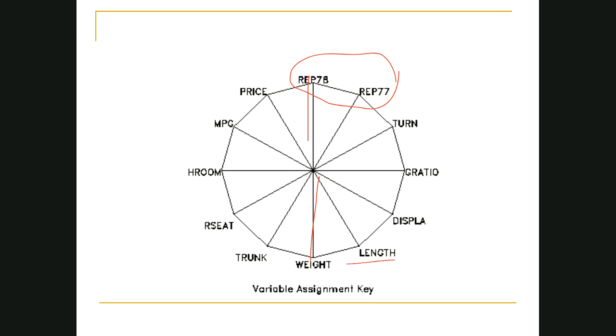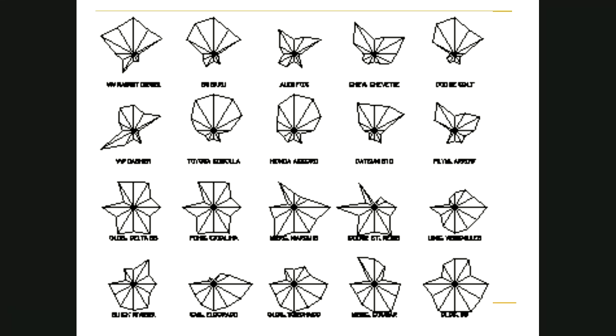But if I take the weight and flip it here, and then put the reputation down, instead of having this nice pattern where cars with good reputation tend to have good reputation in both years, and cars with lower reputations tend to stay like that, my picture would look like up and down, up and down, up and down. It looks like a star, like a burst, like a snowflake. Go up, go down, go up, go down.